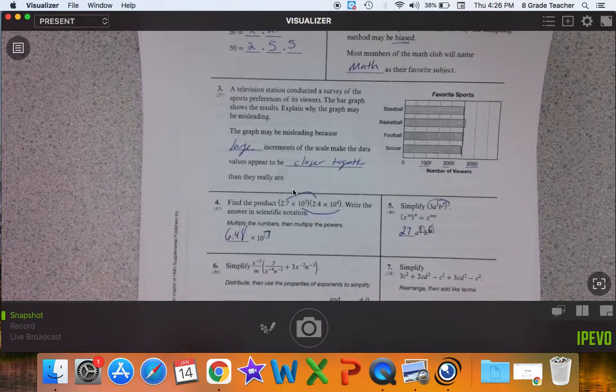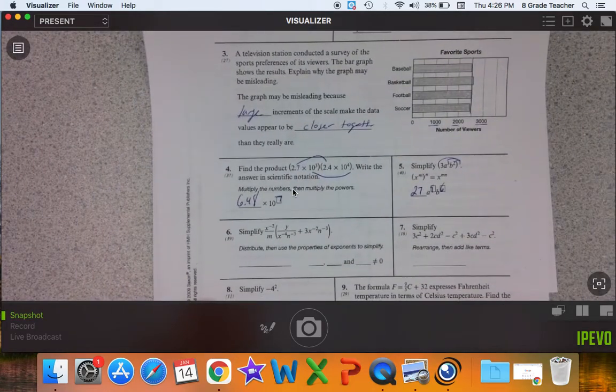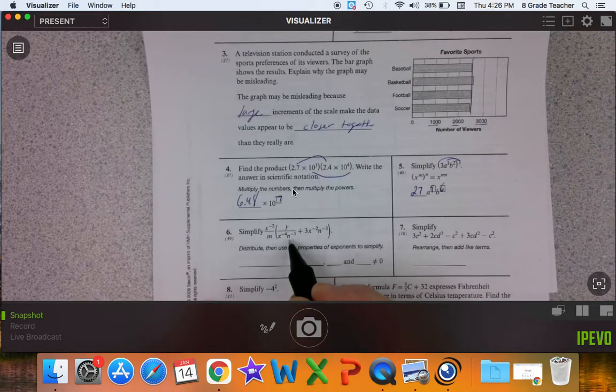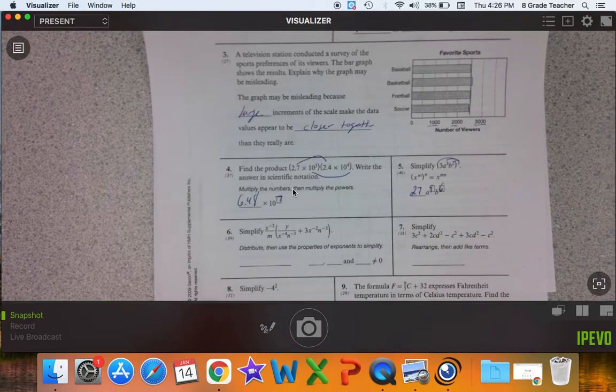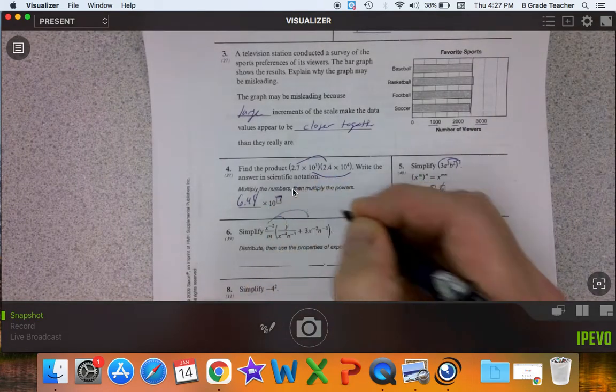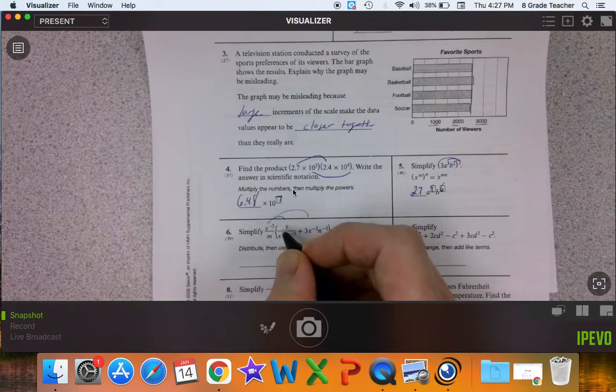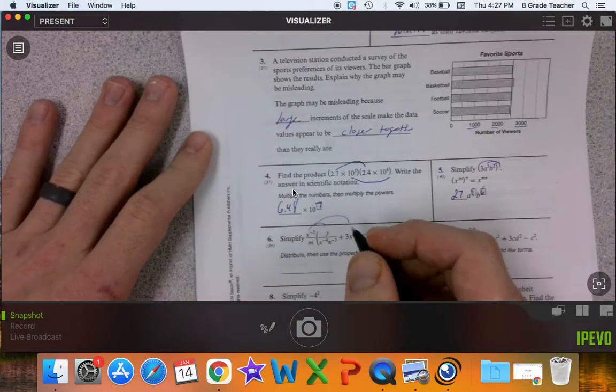In number 6, it says simplify the expression x to the negative 2nd m multiplied by, in parentheses, y over x to the negative 4th n to the negative 3rd plus 3x to the negative 2nd n to the negative 3rd. The directions tell us to distribute, then use the properties of exponents to simplify. First we want to distribute and write this all out. We would have, in this example, let's just use the space that we have on the side here to write this out.